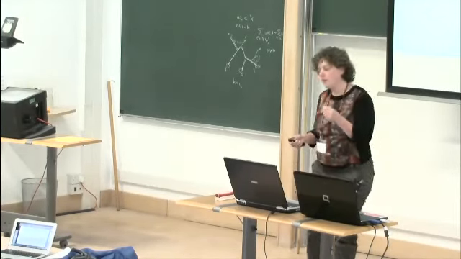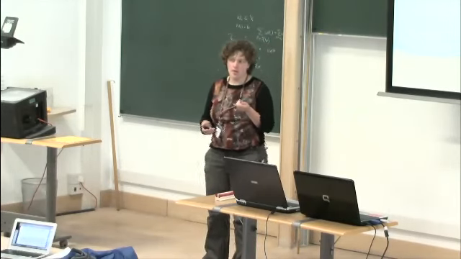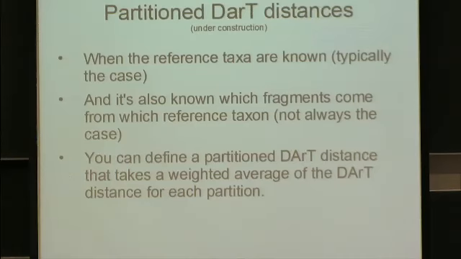In reality the situation is a bit better than that. You typically do know what the reference taxa are. For instance, in the eucalypt data, I think there are 94 taxa, and something like 7 or 8 of them are references, and they're known.